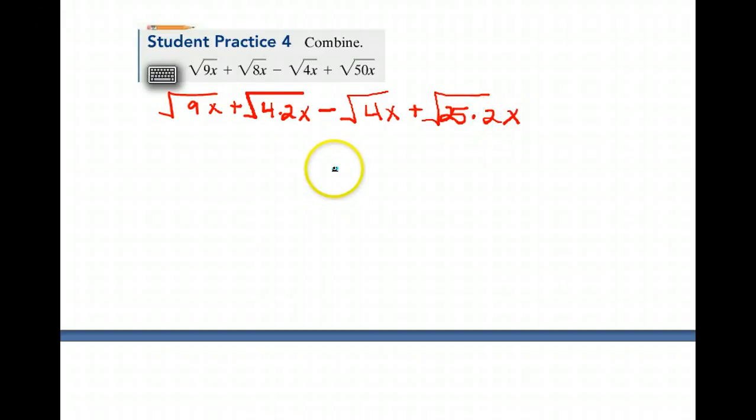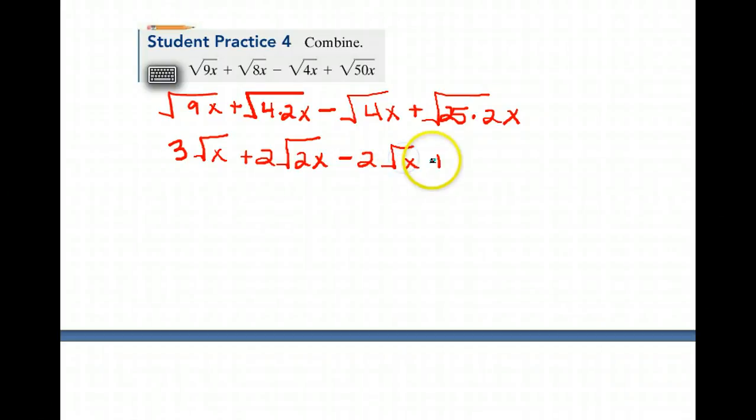We are now ready to start evaluating our square roots, so we can break this into 3 root x plus 2 times root 2x minus 2 root x plus 5 times root 2x.